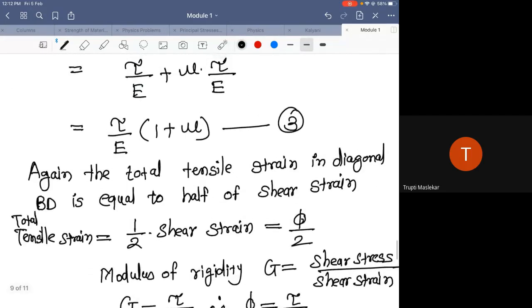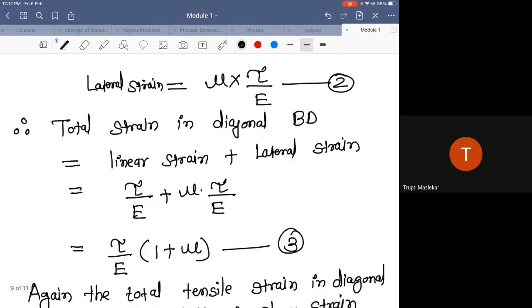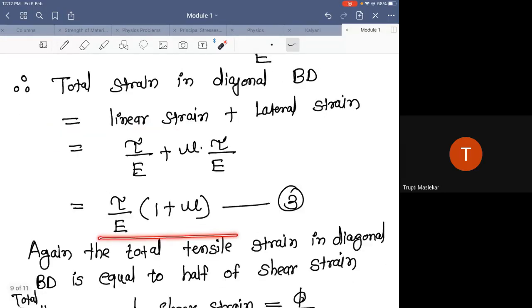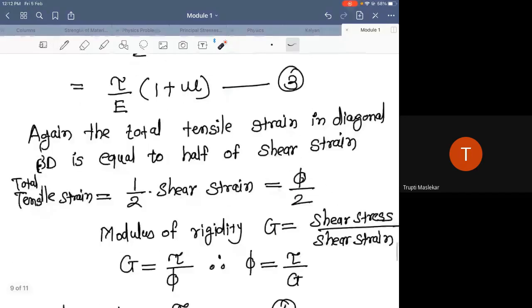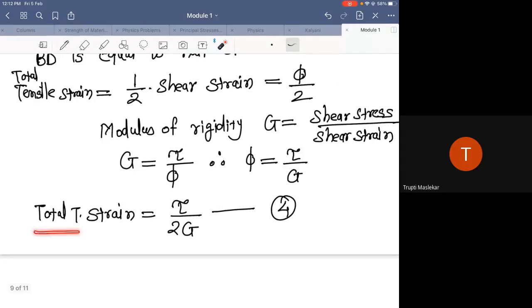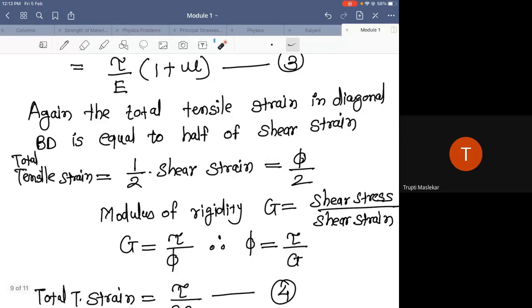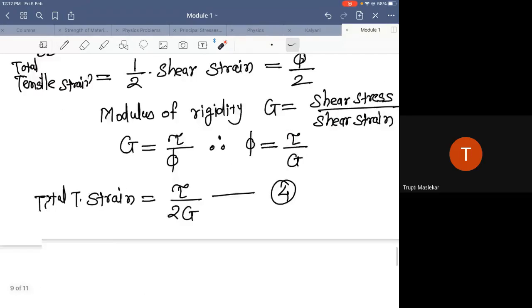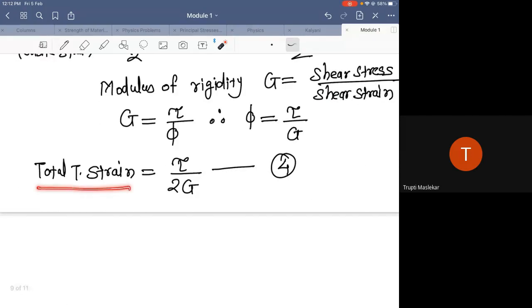If I observe equation 3 and 4, equation 3 gives total strain in diagonal BD, that is equal to tau by E into 1 plus mu. And equation 4 again gives total strain in diagonal BD. So equation 3 is giving us tensile strain in diagonal BD, as well as equation 4 is also giving us tensile strain in diagonal BD.